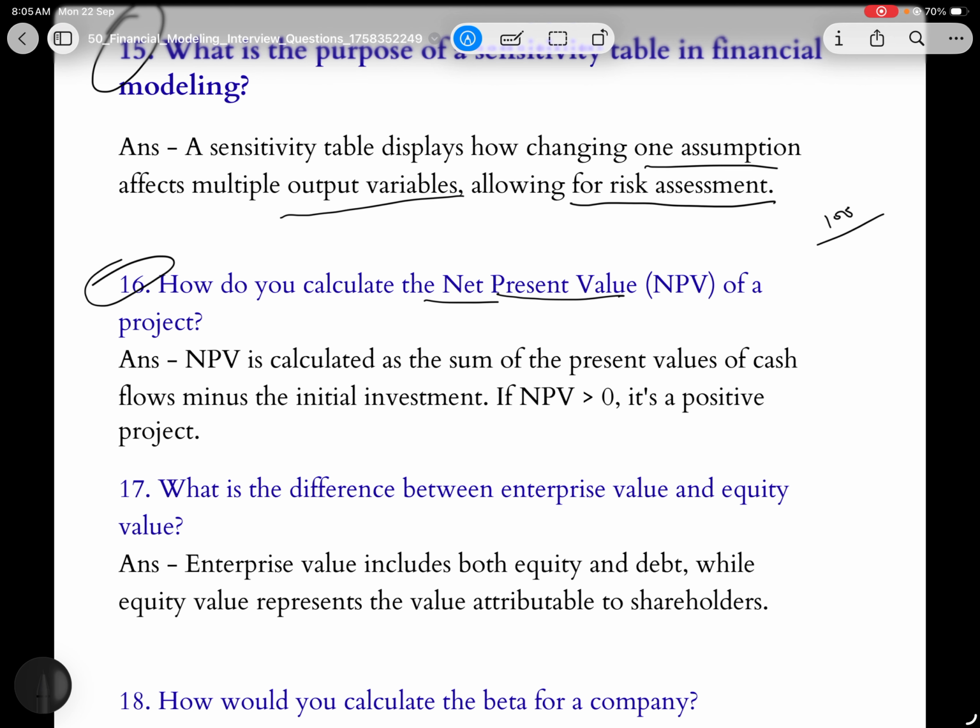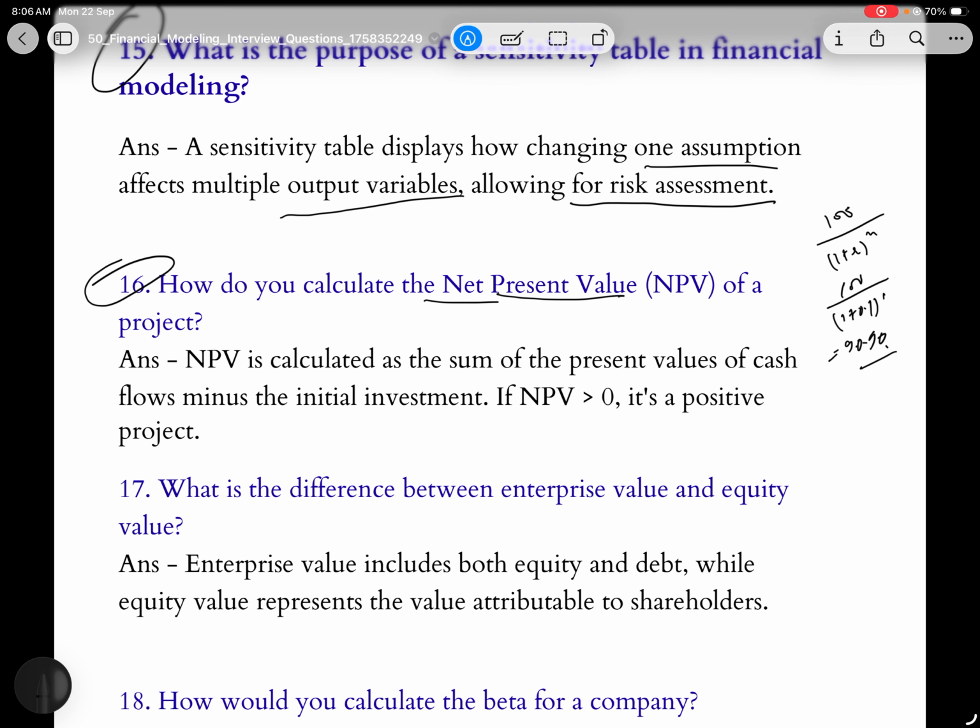There is a formula: 1 plus r to the power n. If you plug in, let's say 10% as your required cost of capital, then 100 divided by 1 plus 0.1 to the power 1, so 90 point something is your present value, right?